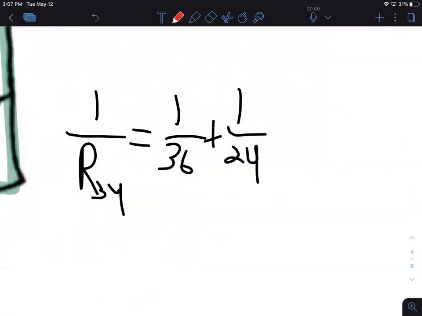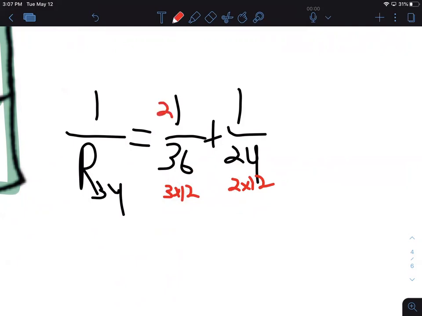I could just look for some common factors. These are both divisible by 12. This is 3 times 12. This is 2 times 12. So to get the same denominator, this one needs multiply by 2, this one by 3.